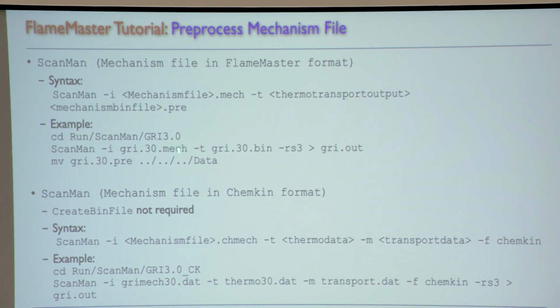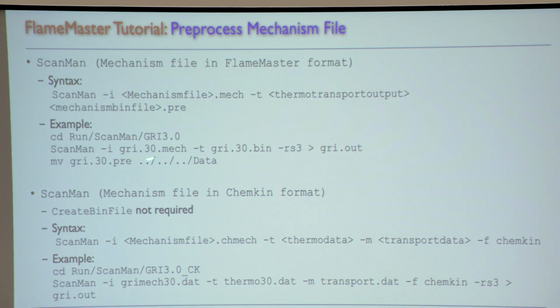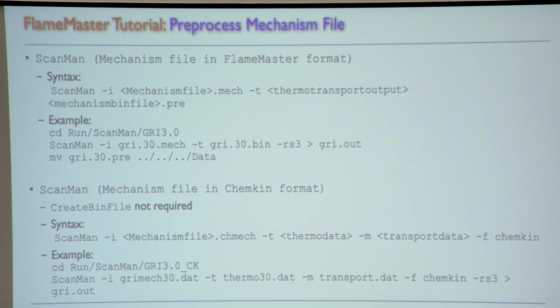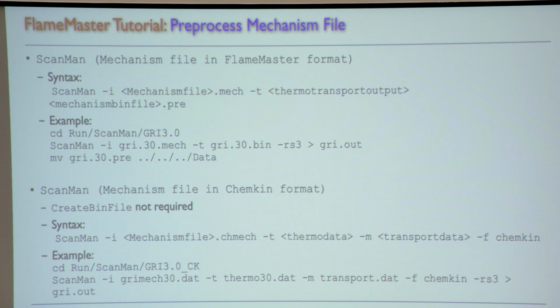There's no output file specified. If you don't specify the output file, the name of the output file will be just the input file .pre. This command just moves this to the data directory I mentioned earlier, and then the code will always find it there.